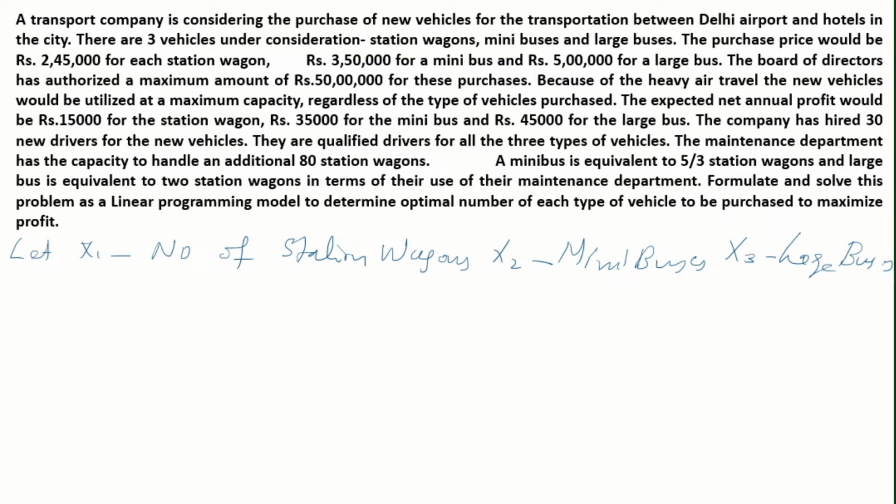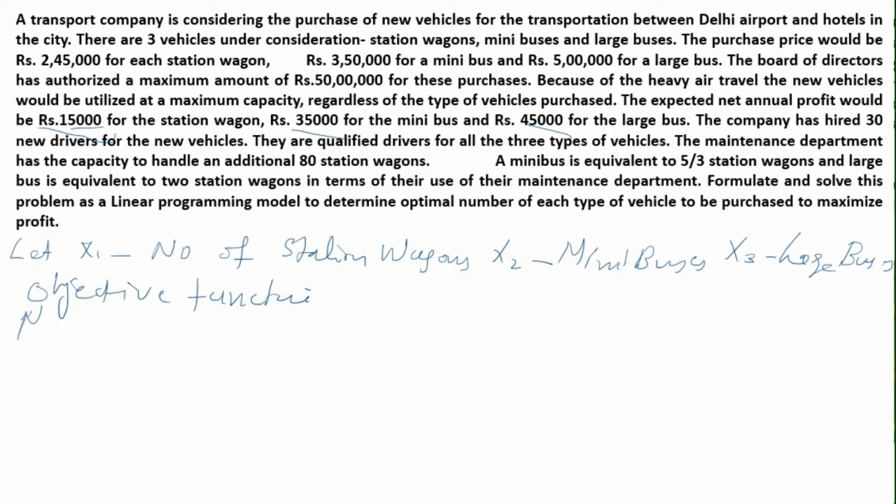This is what we are assuming. Now we need to find out what the objective function is and what the constraints are. First, the objective function. Here the profit is given as 15,000 for station wagon, 35,000 for minibus, and 45,000 for large bus per unit. So the objective function is profit maximization.